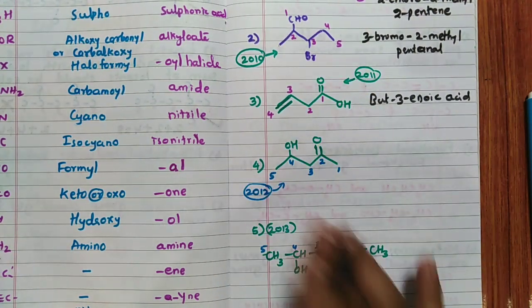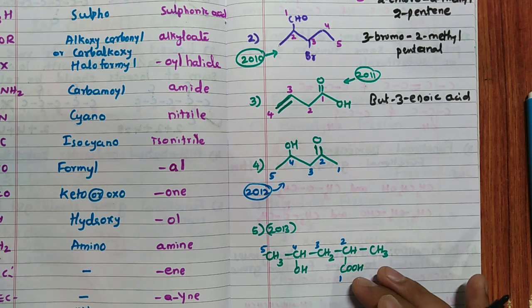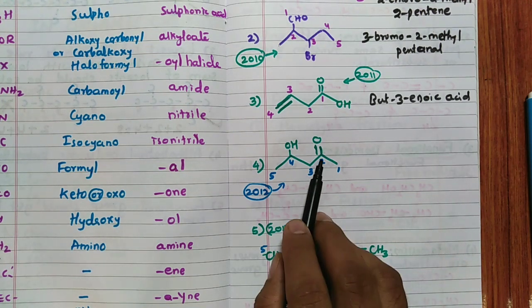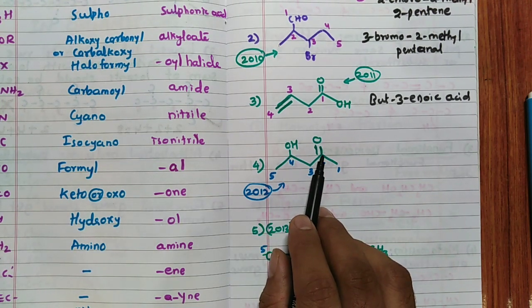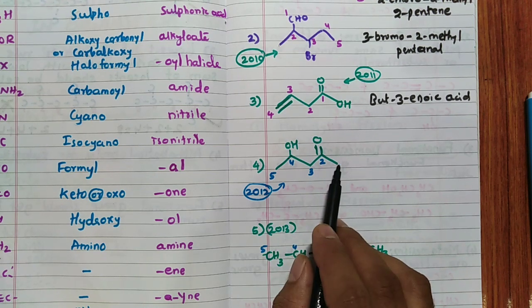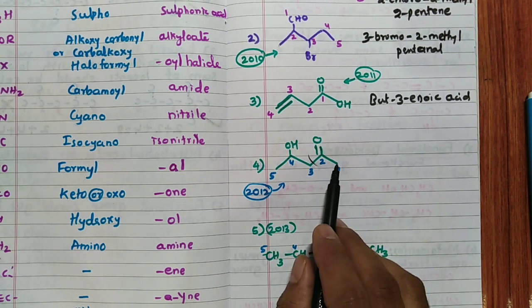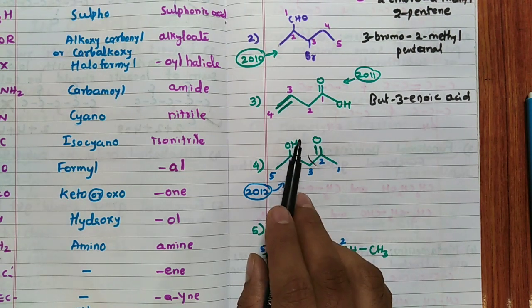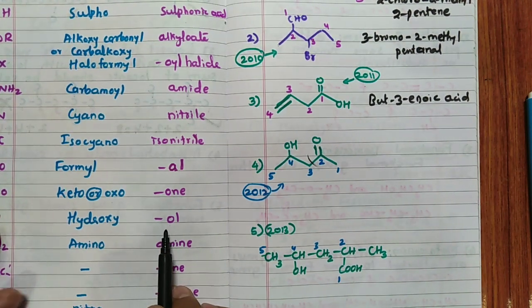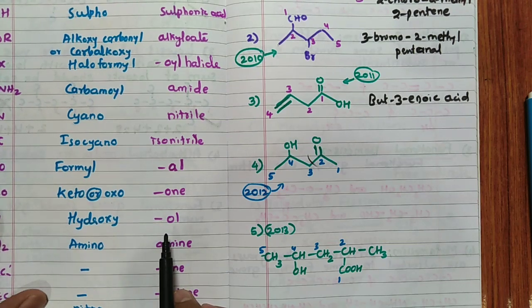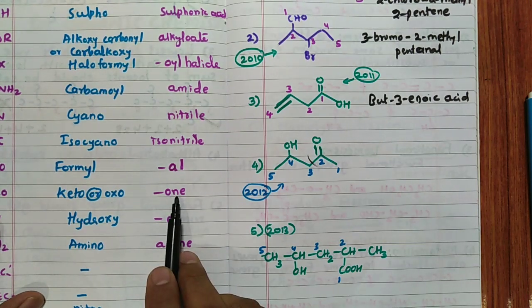In 2012 this question was asked. For all these, options were given; here I have not taken the options, that is the only difference. Now you can see two groups are there. One is an aldehyde group, sorry, this is a ketone group, because here it is CH3 on the other side. If it is H, it is an aldehyde. Then the OH group is there. If you compare OH and C double bond O, out of the two, this will get the first preference.